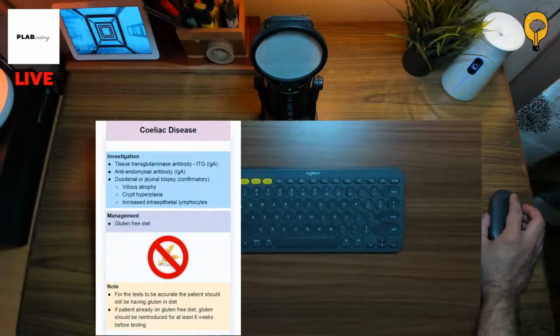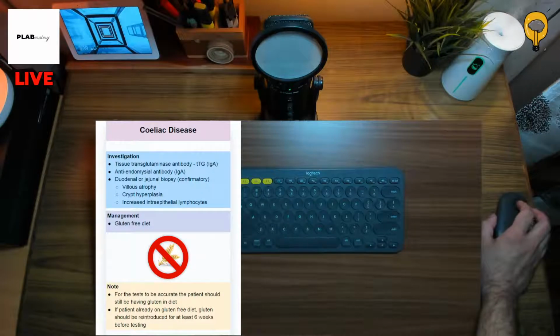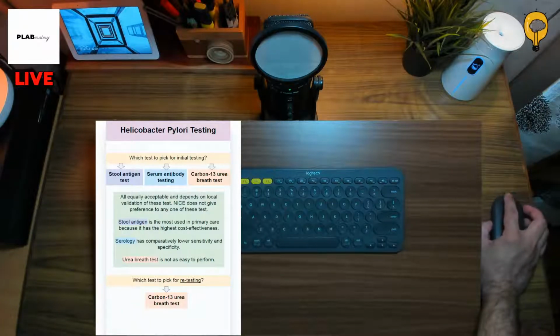So the general management for dyspepsia and H. pylori testing, for patients less than 55 with no red flags.